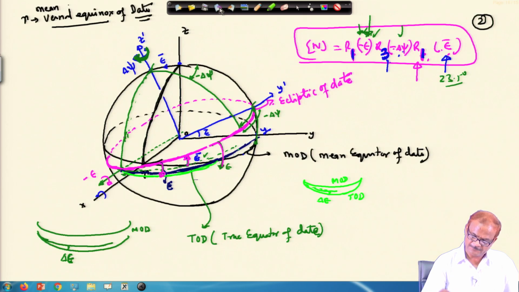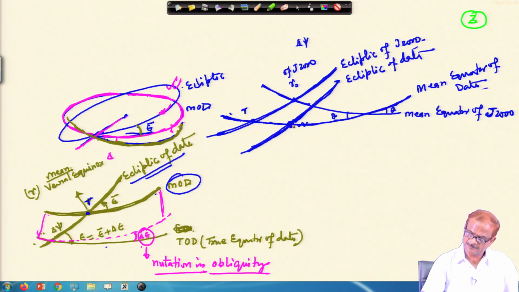First, we have given the rotation R1 by epsilon bar, which is about the x axis. So, about this axis we give the rotation by epsilon bar, and then move by delta psi.